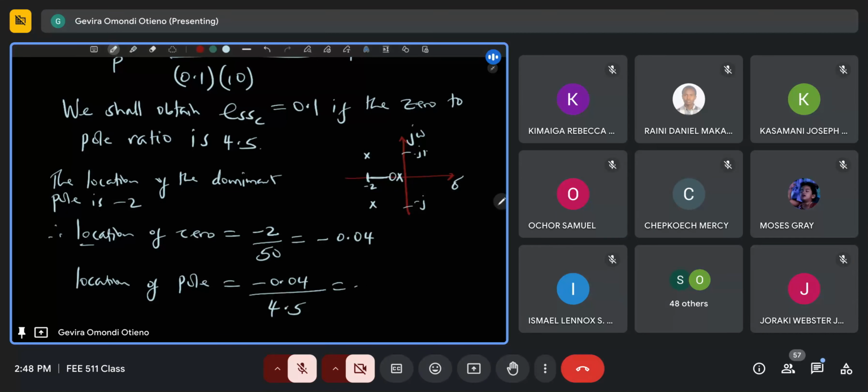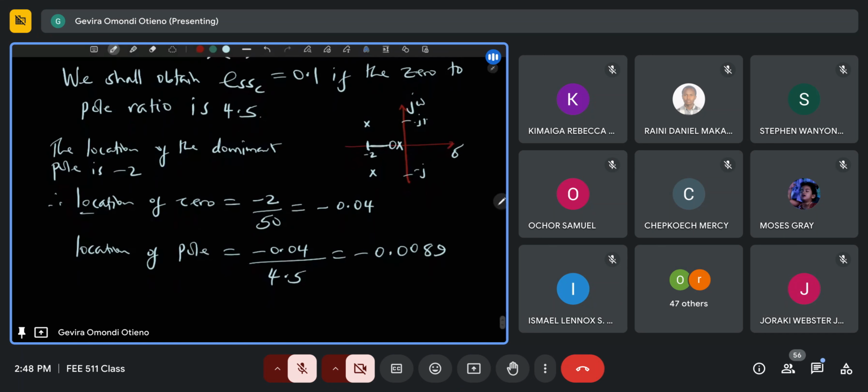Let me just punch this in and find the solution. 0.04 divided by 4.5. Yeah, so you get 0.0089, something like that. Okay. So now this becomes the location of your pole.